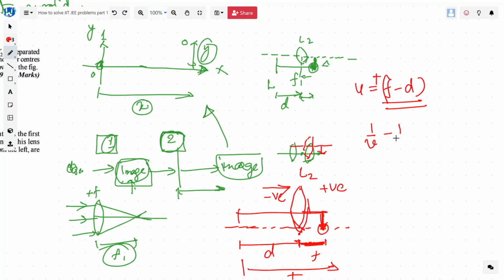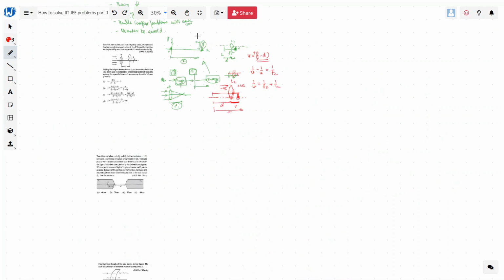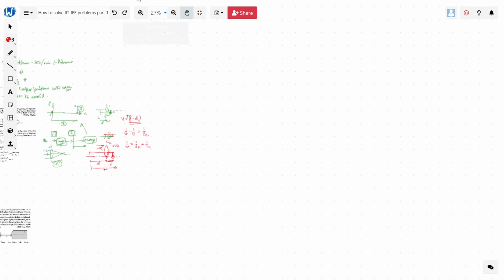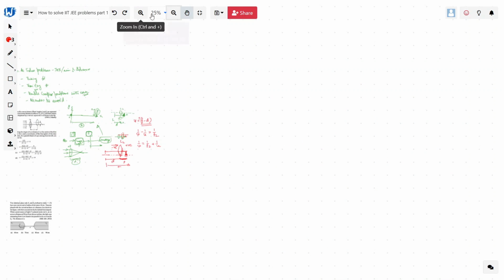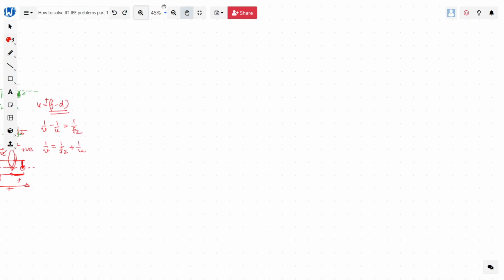So 1 by v minus 1 by u is going to be 1 by f2 for the lens number 2, and the final image 1 by v is going to be 1 by f2 plus 1 by u, right? I'm taking that side. With that, very simply you can come here.